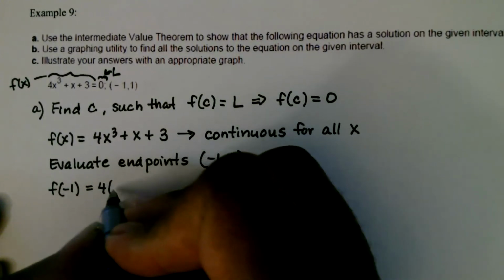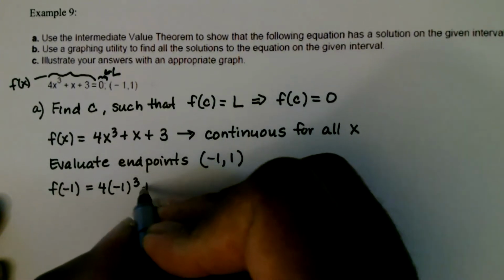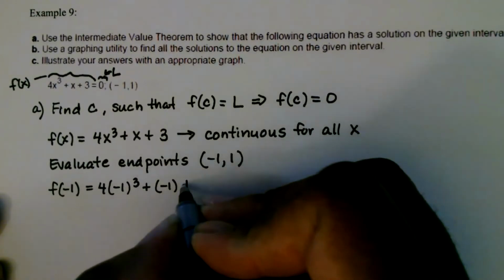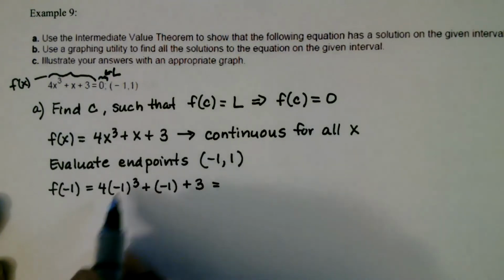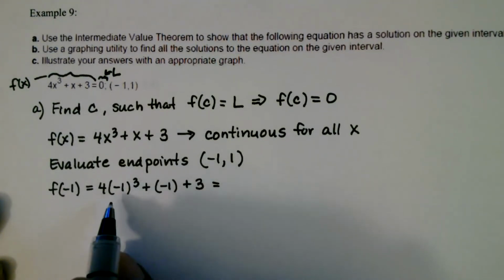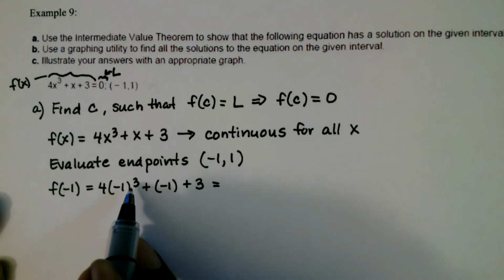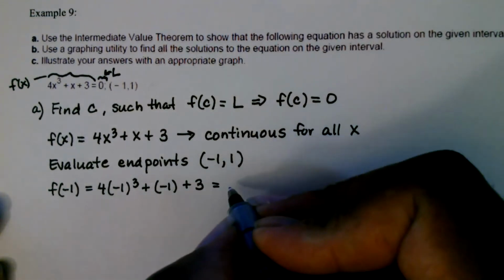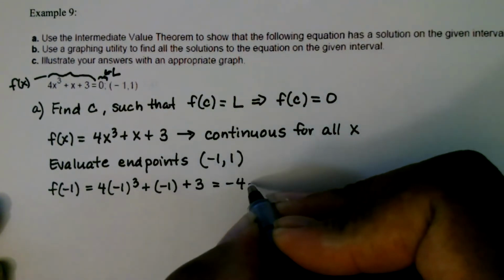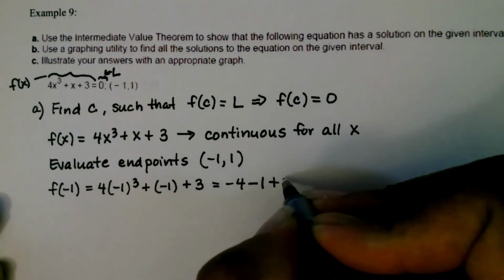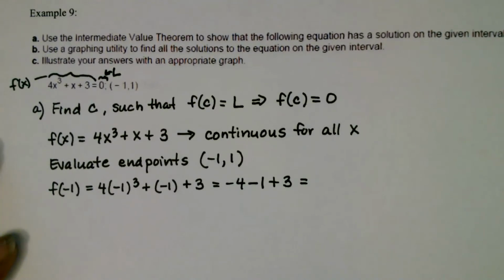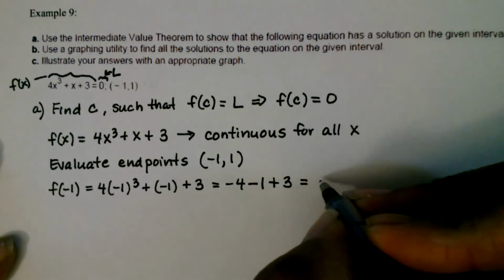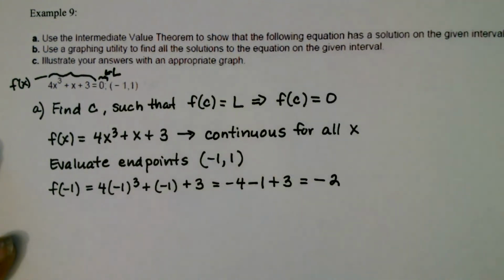So it'll be 4 times -1 cubed, plus -1, plus 3. A negative to an odd power will be negative, so -1 cubed is -1, times the 4 in front is -4. Plus -1 gives -5. -5 plus 3 will be -2.